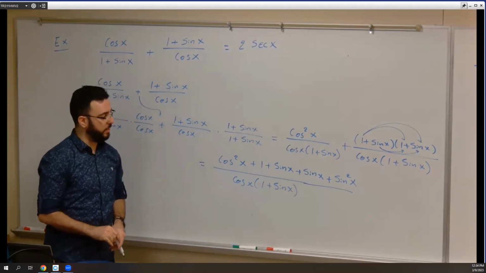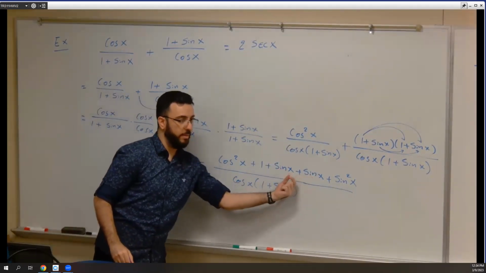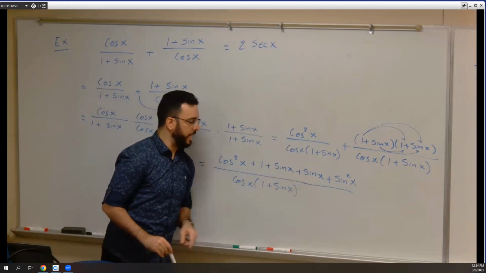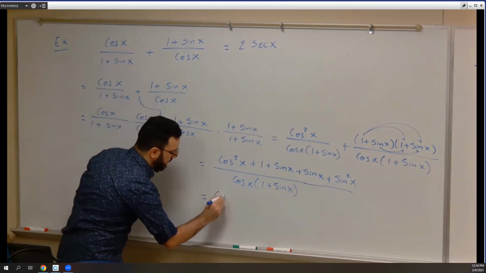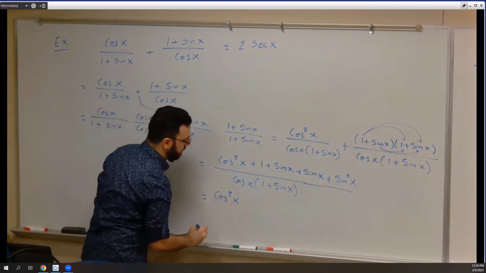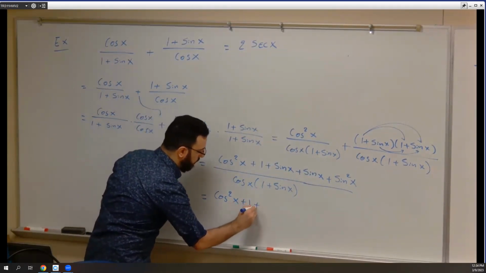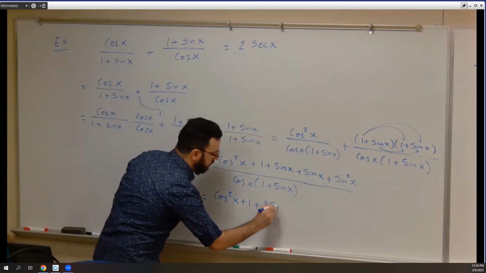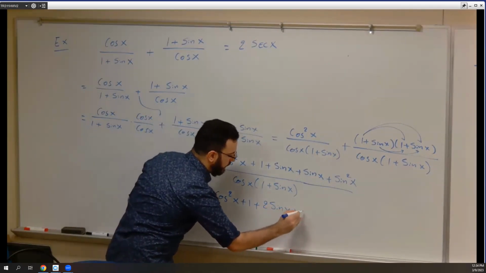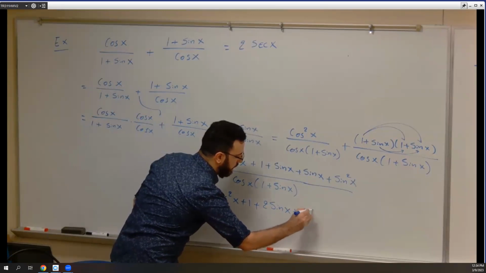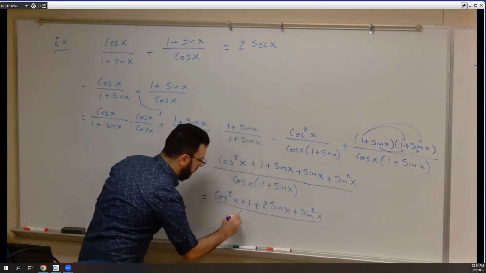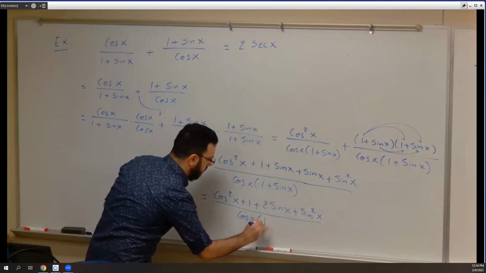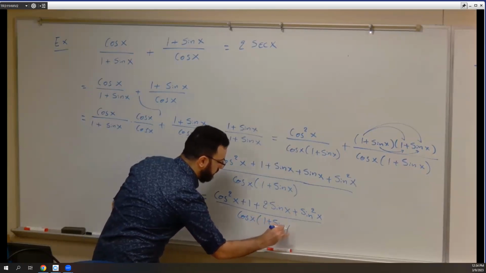Now here's the important thing. Can I combine these together? So it's going to be 2 sine x. Here's the next step. It's going to be cosine square x plus 1 plus 2 sine x plus sine square x over cosine x, 1 plus sine x.